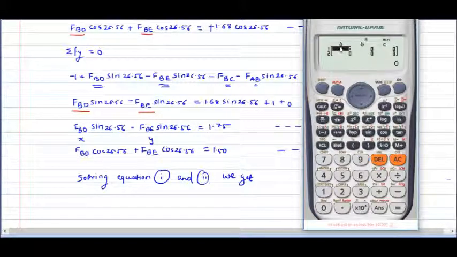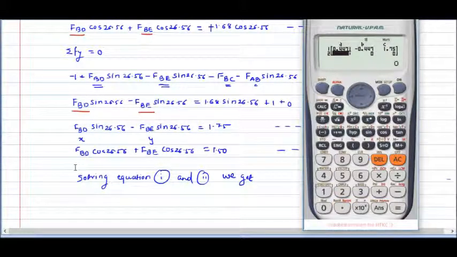Now A is nothing but the coefficient of BD, so A will be sine of 26.56, this is the first coefficient. Now this is the second coefficient B, minus the coefficient of BE, minus sine of 26.56, and C is nothing but the constant term, and C is 1.7.